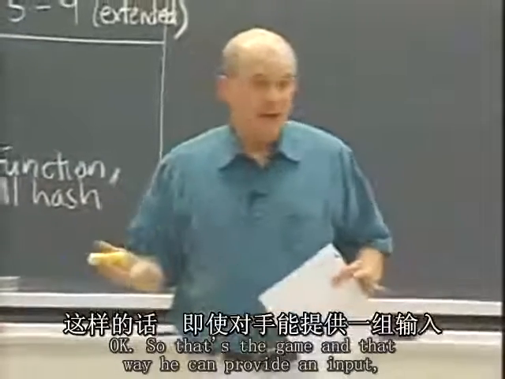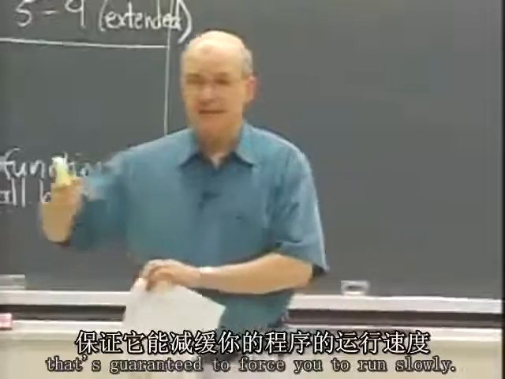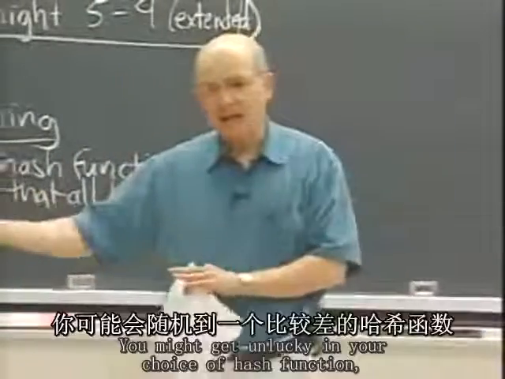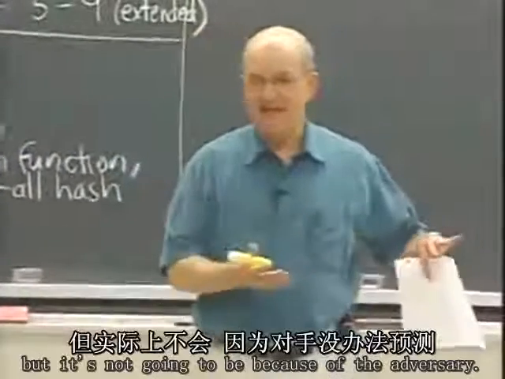And that way, he can provide an input, but he can't provide an input that's guaranteed to force you to run slowly. You might get unlucky in your choice of hash function, but it's not going to be because of the adversary.